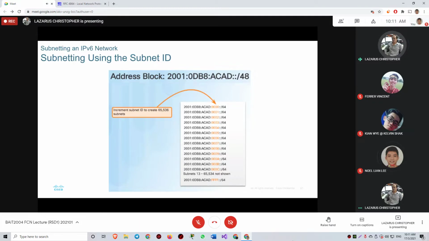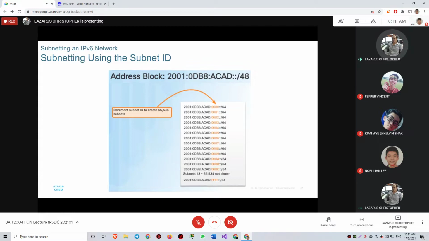Human resource, one network. Sales, one network. Management, one network. We want to separate them. So in IP version 6, even though we have so many IP addresses, we still need to provide subnets. This is the way we provide subnets within an IP version 6 network.